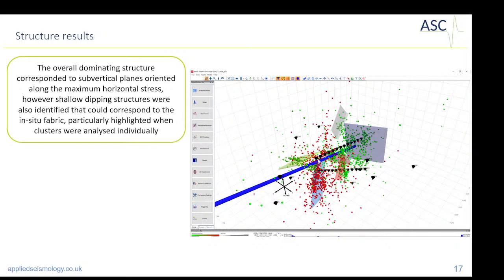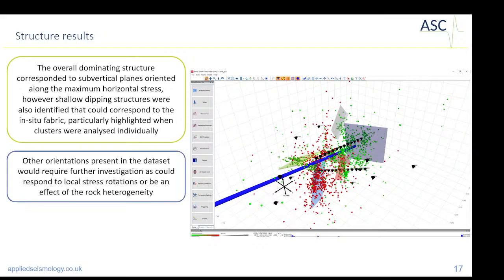But we also observed, and it was also observed afterwards through direct observation in the boreholes, some shallow dipping structures that do not match what modeling would expect from the stress distribution. The interpretation for this is that it could correspond to either the in situ fabric or some unidentified fracture that created a weakness around those subhorizontal planes.